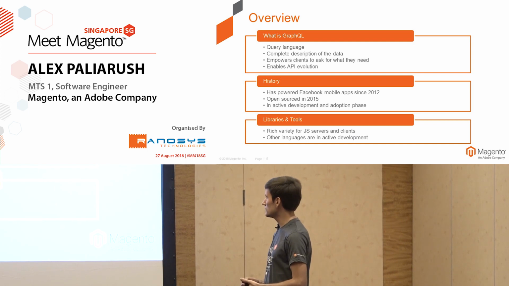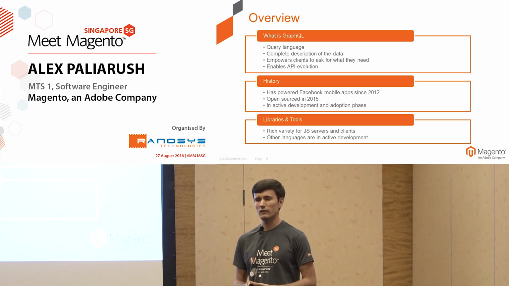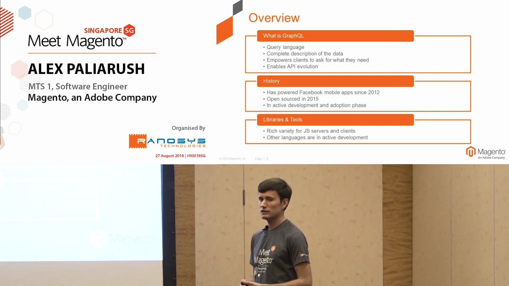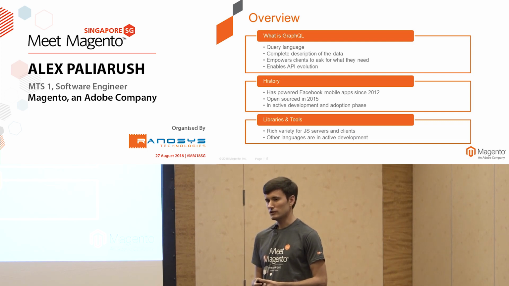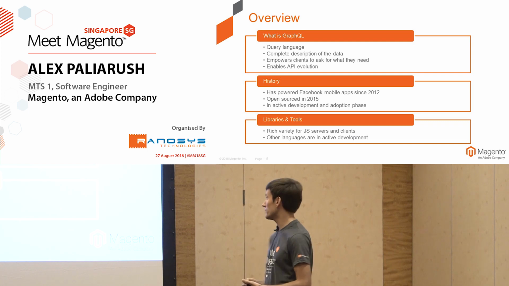The history behind GraphQL is that it was initially developed by Facebook and released in 2012 as the framework for their mobile applications. They open sourced it in 2015, and right now it is in active development and adoption by different languages and frameworks.